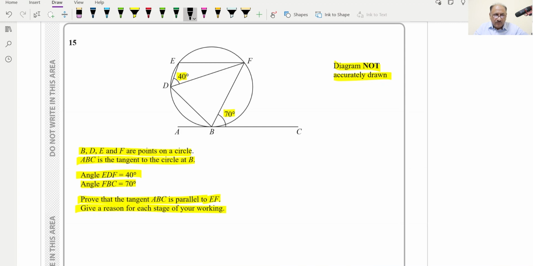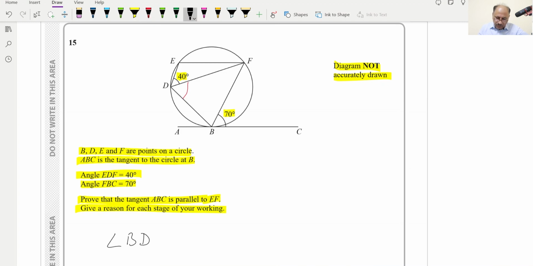So for that, what we can do, we can write this angle. If I use different colors, this angle BDF, so we can write angle BDF.